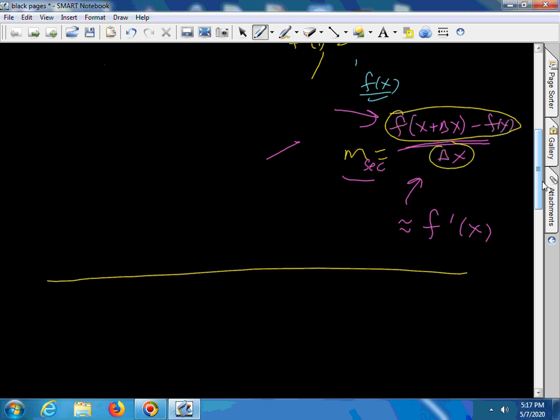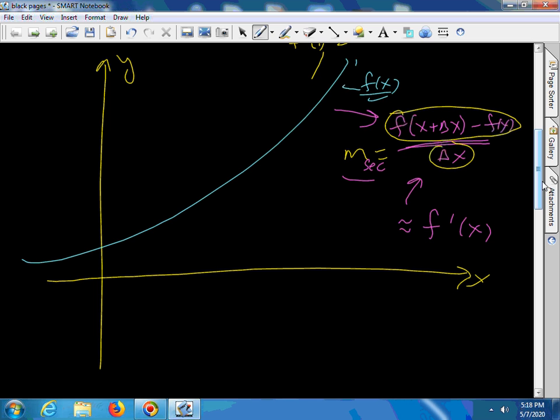And to the best of my ability, please work with me. I'm going to draw the same exact curve. And it is still being called f of x. And here is x. And I want the slope of the tangent line right there.